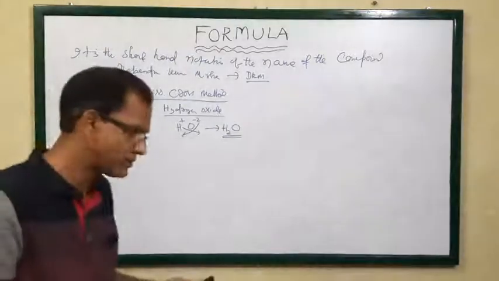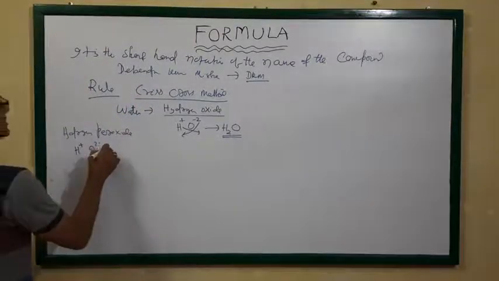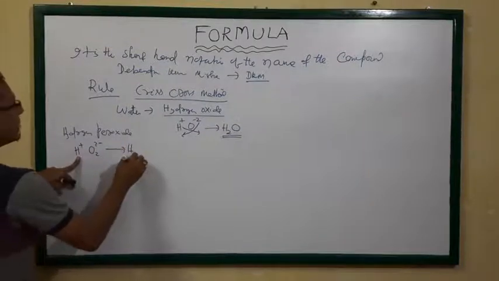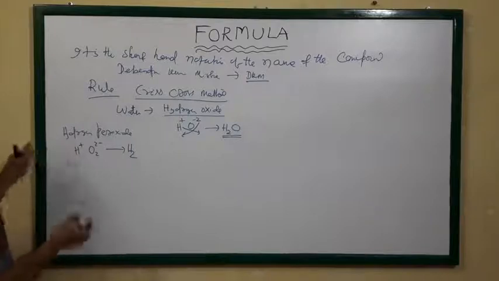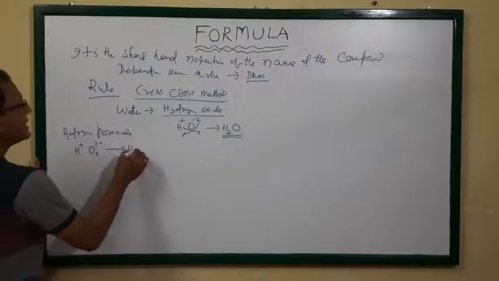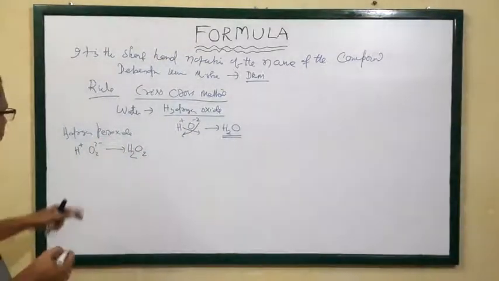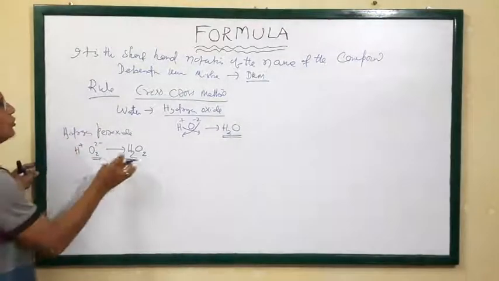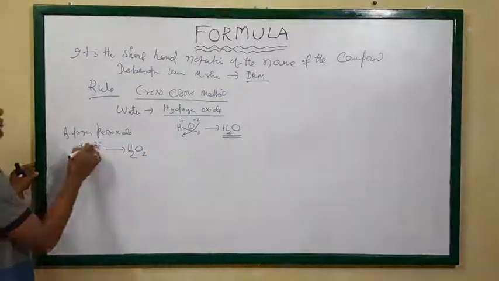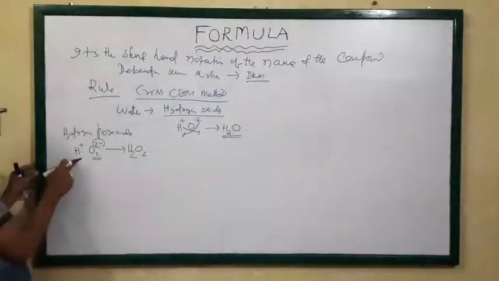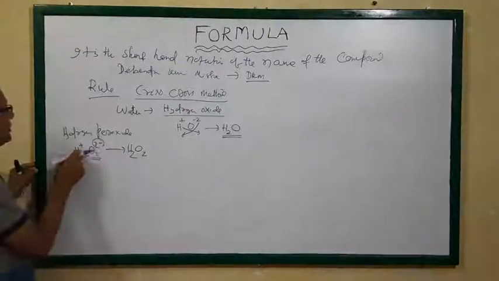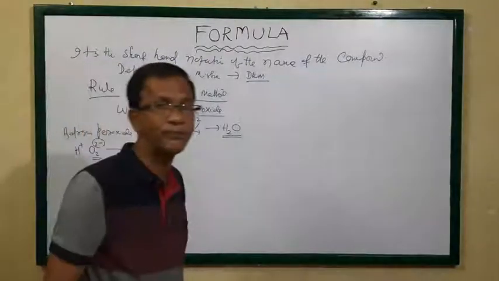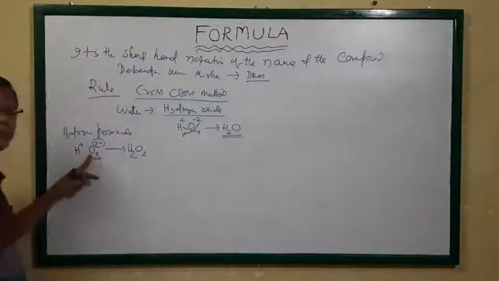Hydrogen means H plus. So you exchange the valency. 2 will come here, so H2, and hydrogen's valency 1 goes to the peroxide, which remains O2. This radical O2 is a whole and will not be changed.